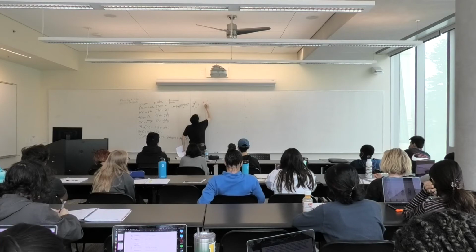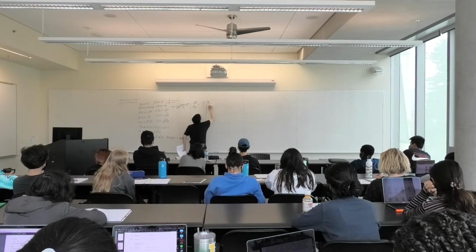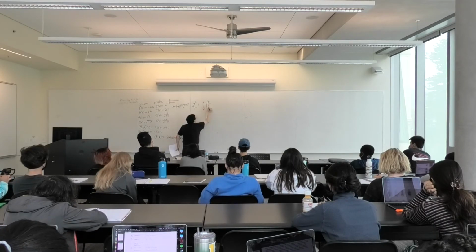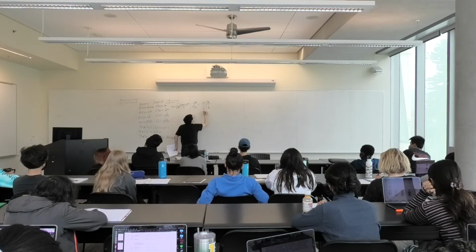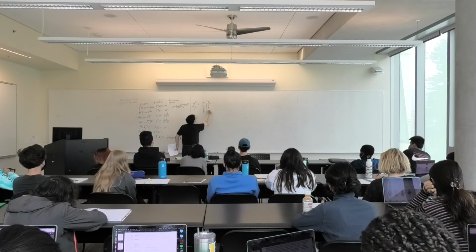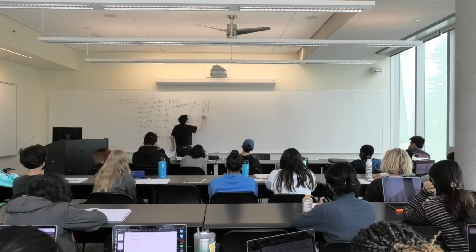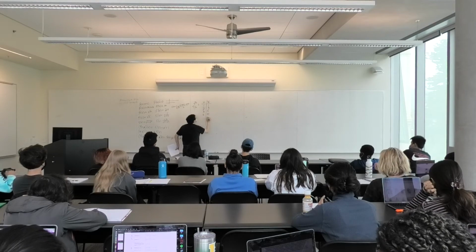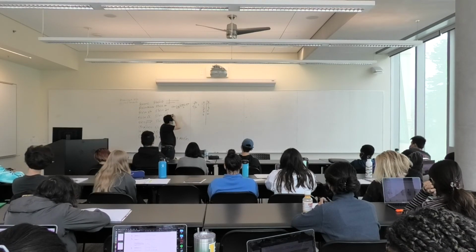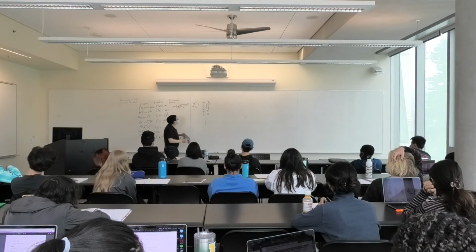If n is 1, the sum is 1. N is 2, the sum is 3. N is 3, the sum is 6. N is 4, it's 10. Okay, so how do I get this sum from n? Like an expression for it.